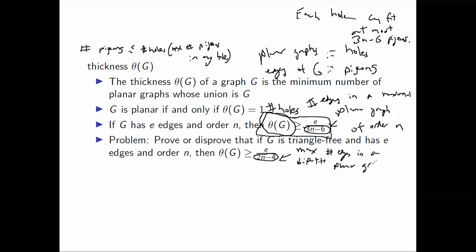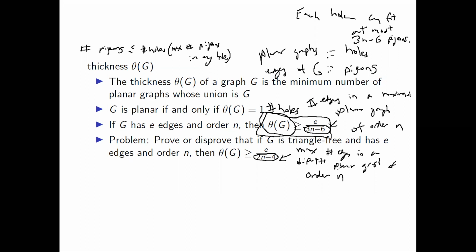So in the planar graph video, we proved that this was an upper bound on the number of edges in a bipartite planar graph of order n. And then in class, we showed that it was a tight upper bound. So we constructed some bipartite planar graphs of order n with exactly this many edges.